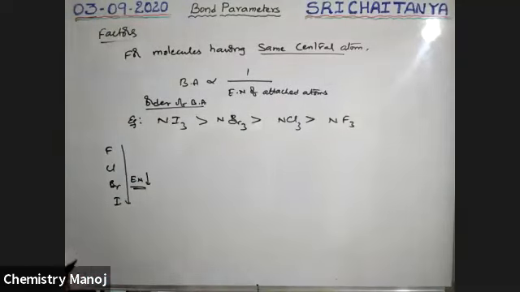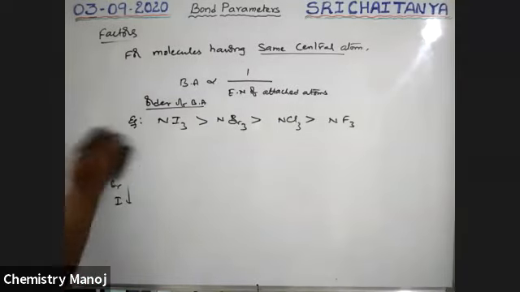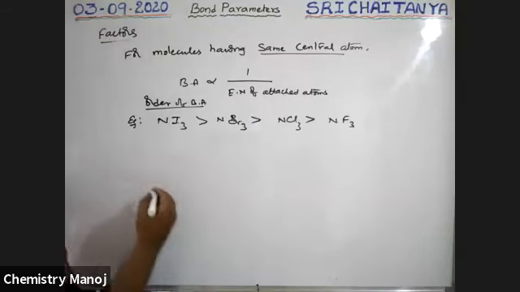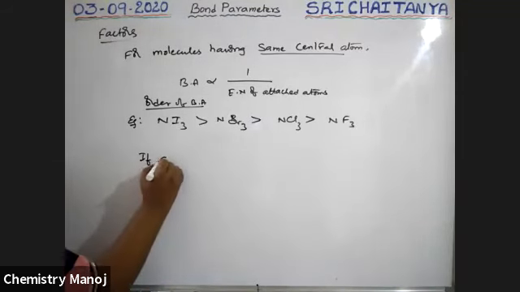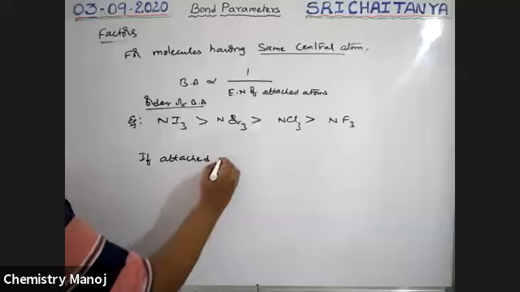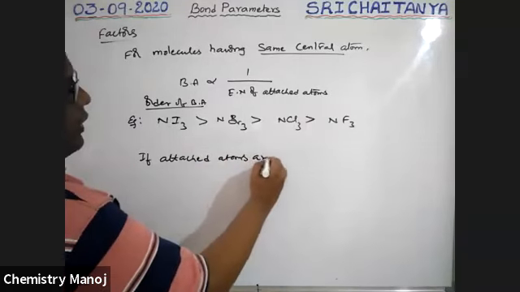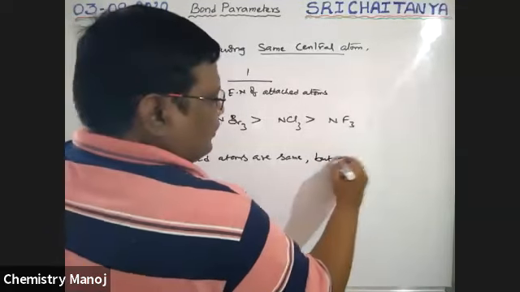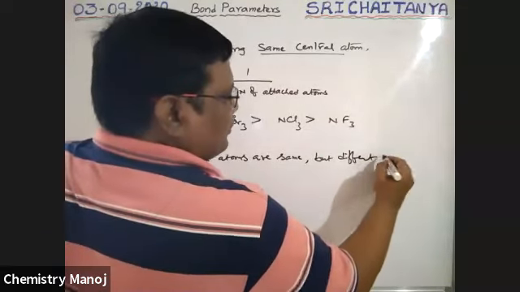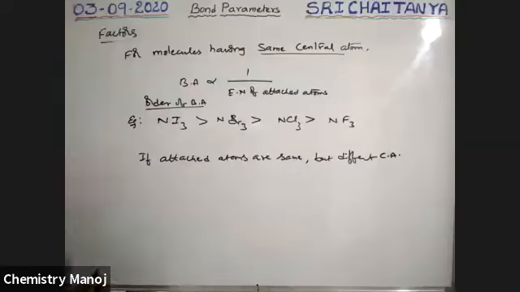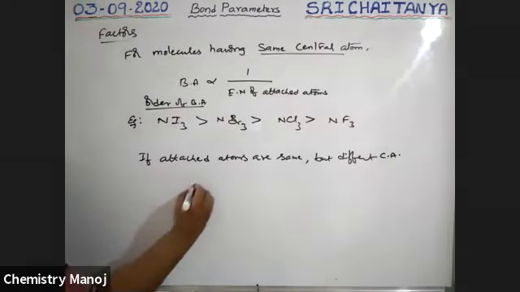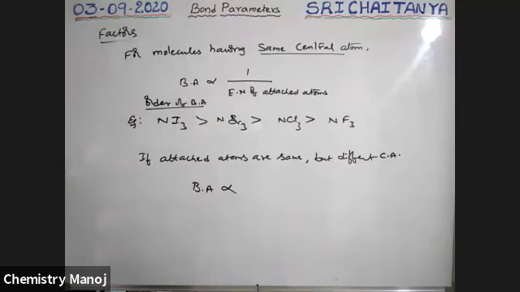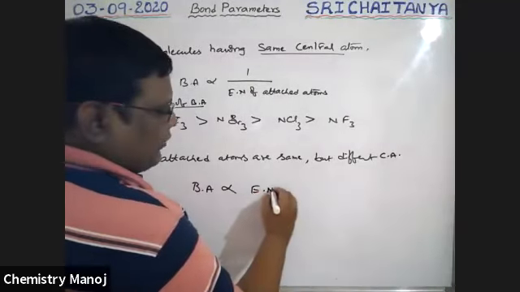Next case: if attached atoms are the same but central atoms are different, their bond angle is directly proportional to the electronegativity of the central atom.